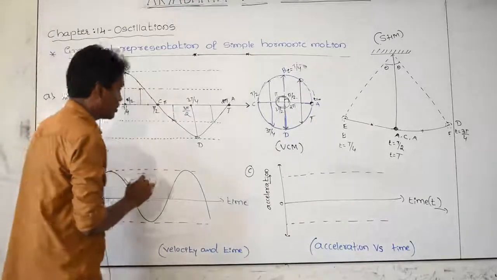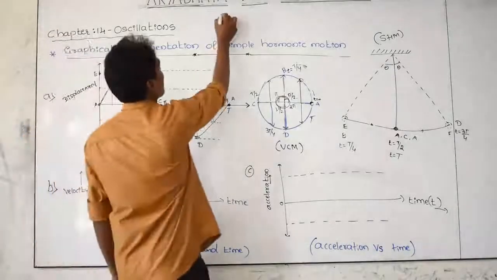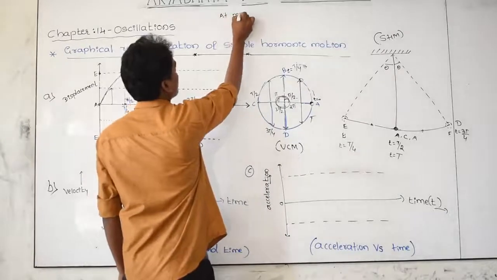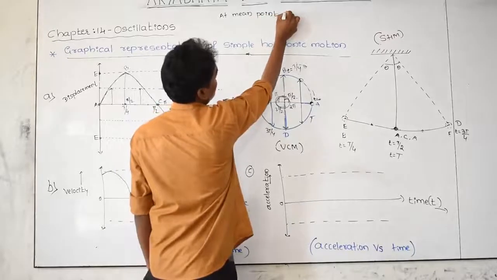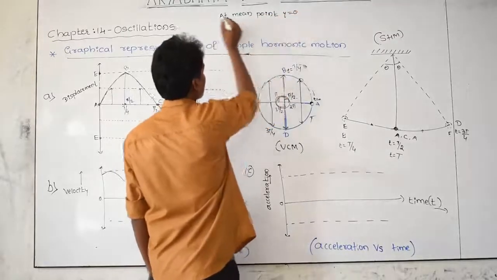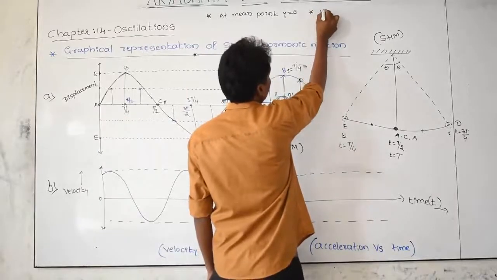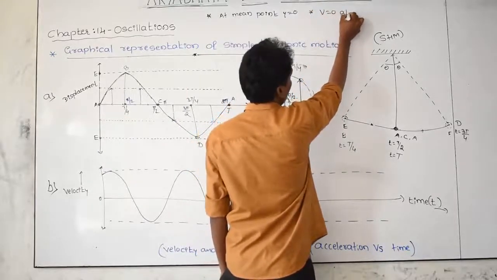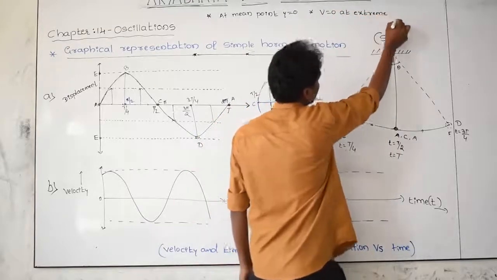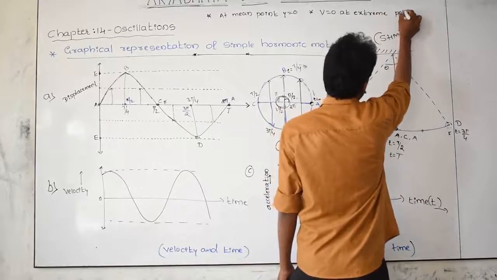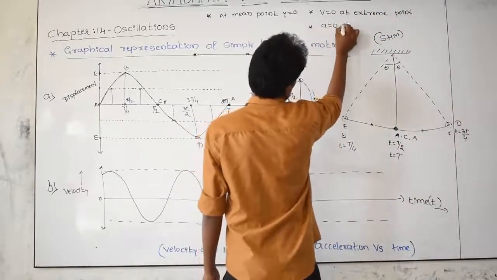As you know very well, in the yesterday video I discussed that at the mean point displacement is always equal to 0, velocity is equal to 0 at the extreme point, and acceleration is equal to 0 at the mean point.